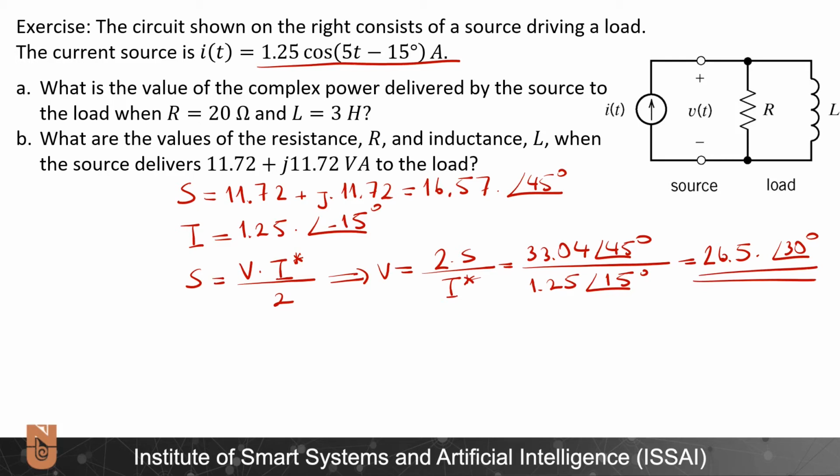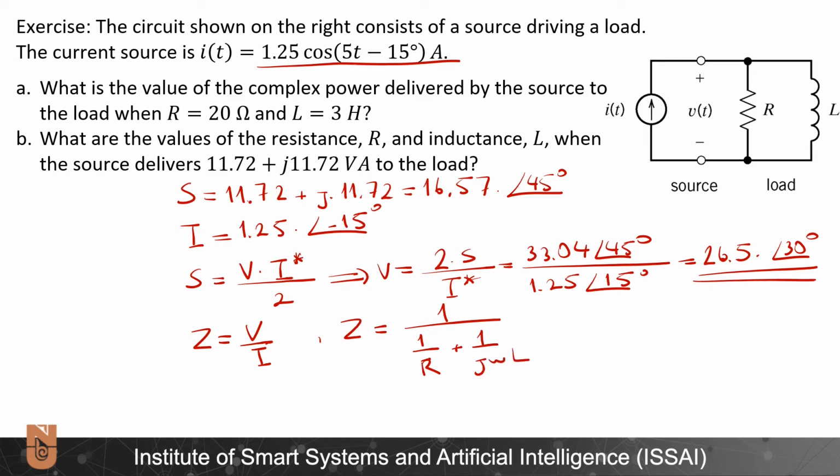Now I found V. And before, I calculated that Z, the impedance, is equal to V over I. Z in my case was 1 over (1/R + 1/(jωL)).